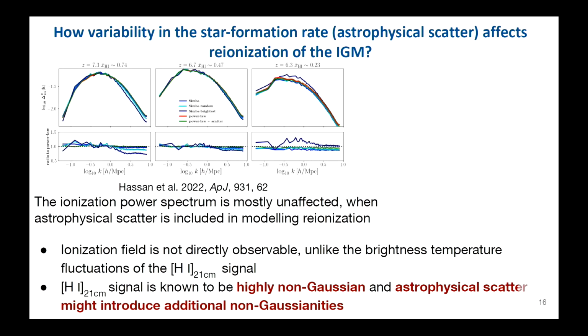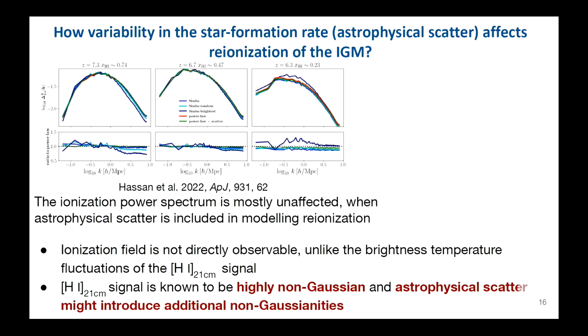Next thing is, once you think about the scatter in the source model, how does that source model scatter affect the IGM signals? People have worked on this as well, where they looked into the ionization field's power spectrum and the impact of the scatter on it, and they reported that there is no significant effect.